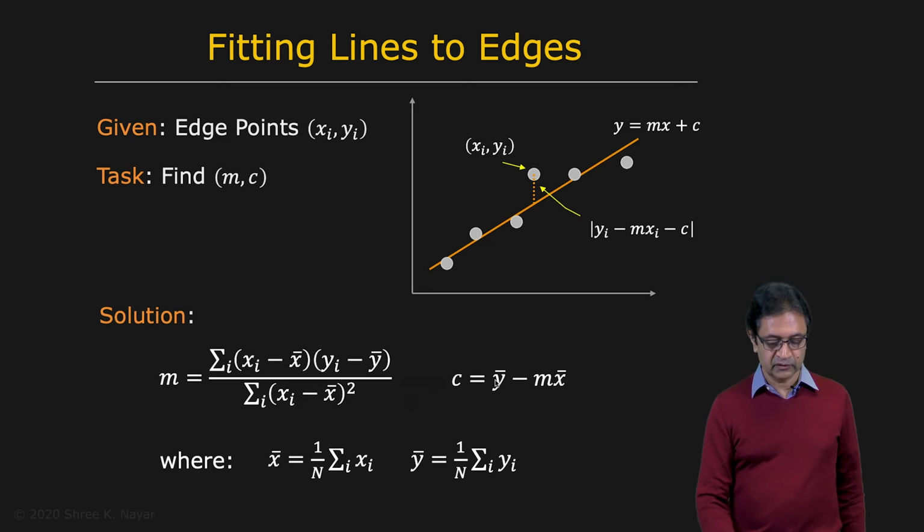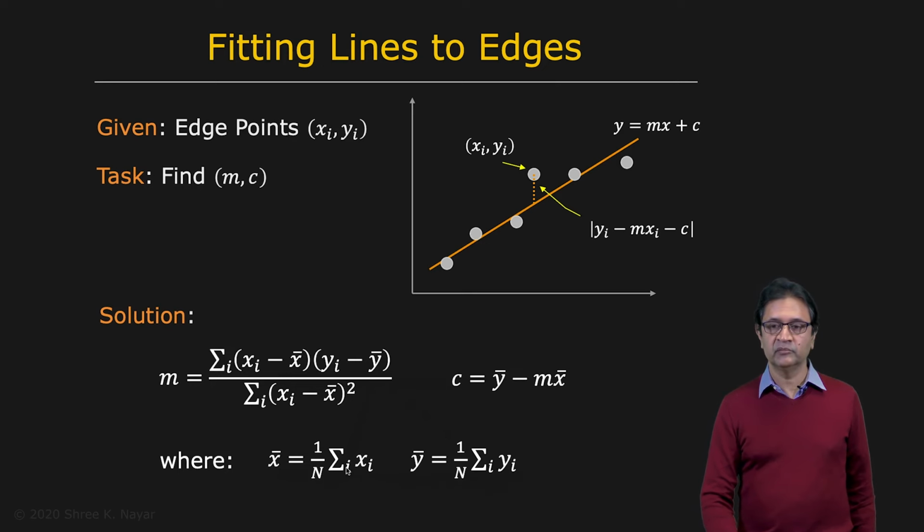They look like this. And here I should mention that x bar and y bar are the means of x and y, the data points, the edge points that are given to you. So very simple. You simply plug in all your xi, yi into this expression, you get m, and then plug that into this and you get c, and you're done.